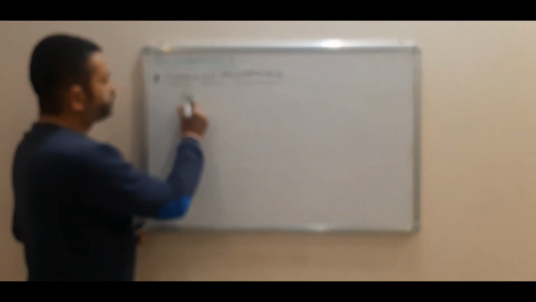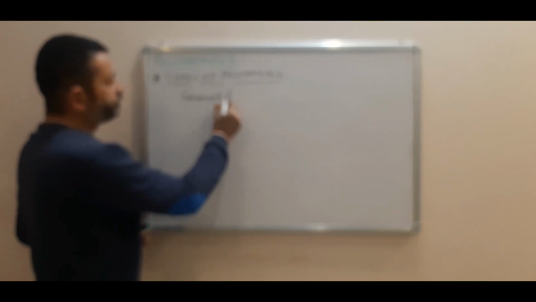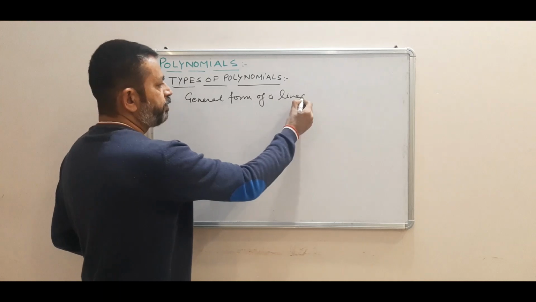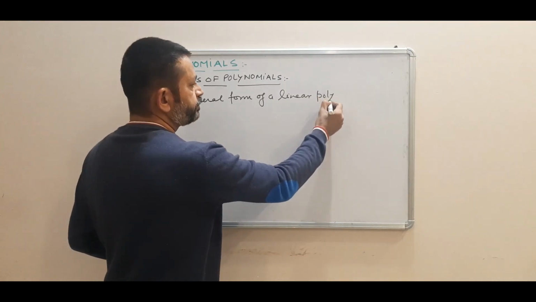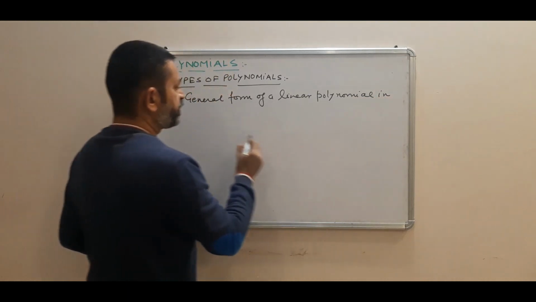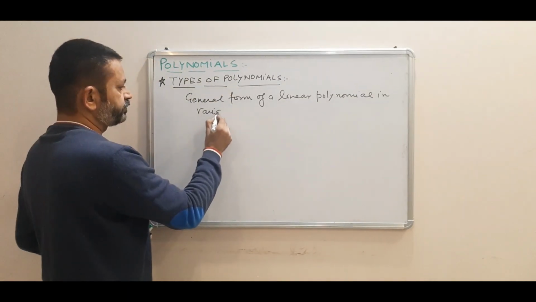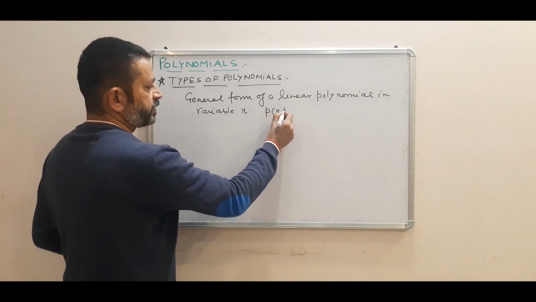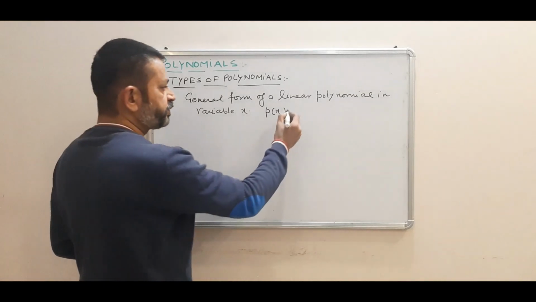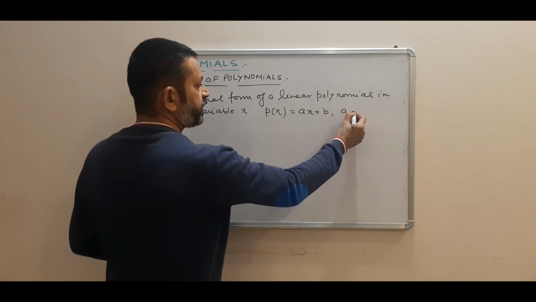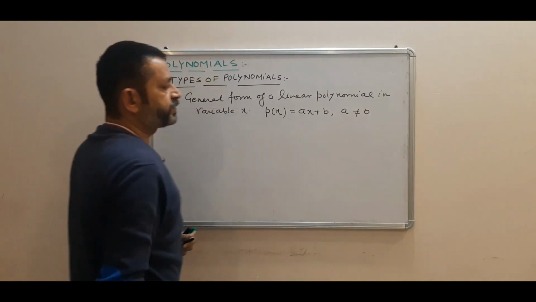Now, the general form of a linear polynomial in variable x. Polynomials are denoted by p(x), so p(x) is equal to ax plus b, provided a is not equal to 0.